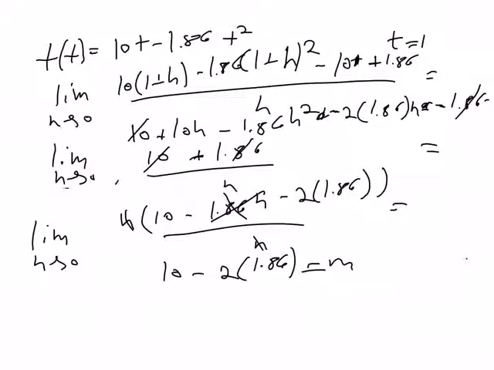Okay, so let's actually do it, because in order to answer the next couple of questions we actually need to know. So I'm going to do this again. I should have done it for any arbitrary one to begin with. So again, we have f of t equals 10t minus 1.86 t squared.